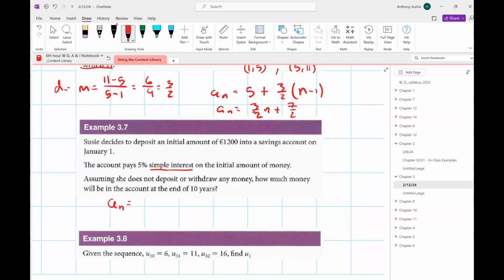So we have to be a little bit careful here, right? Because at the end of year 1 is one thing, but what I would think about this as really is, I'd think like A sub 0 is 1,200. You guys buy that?